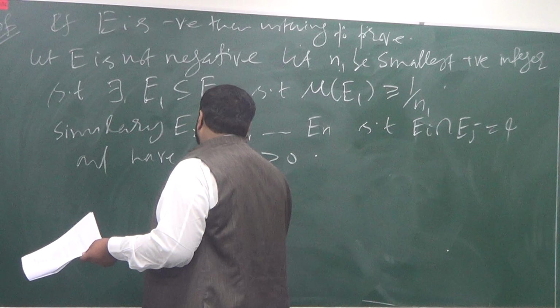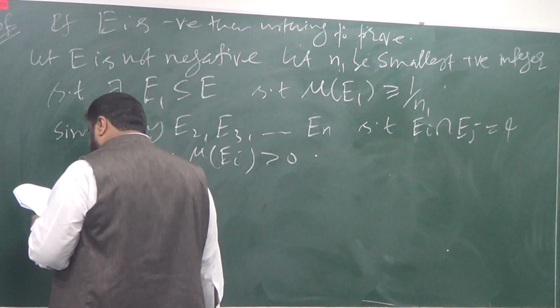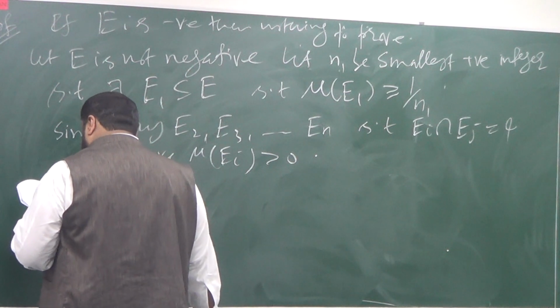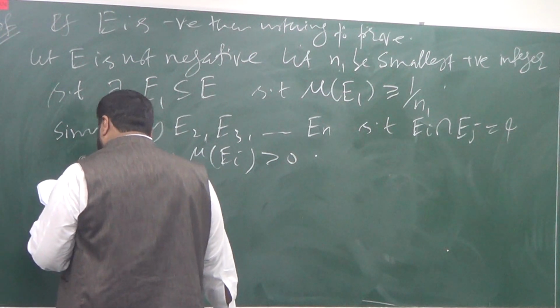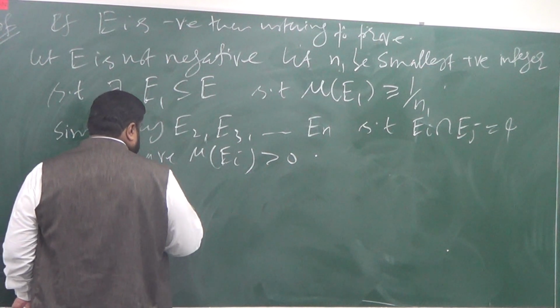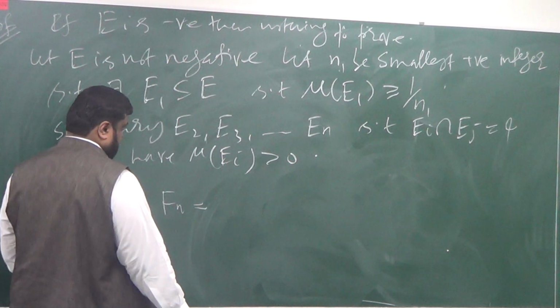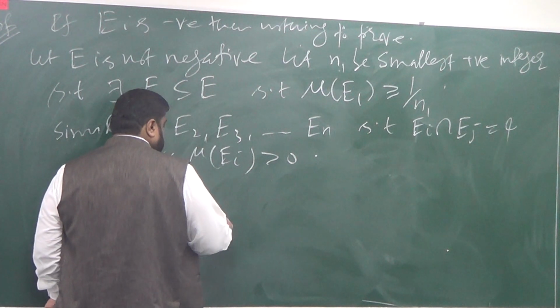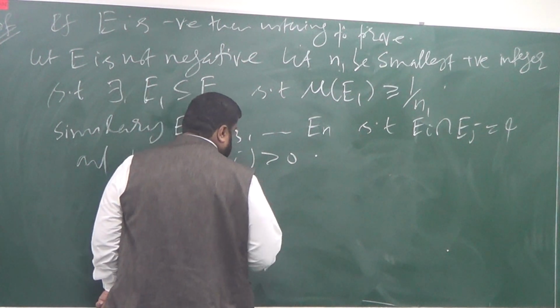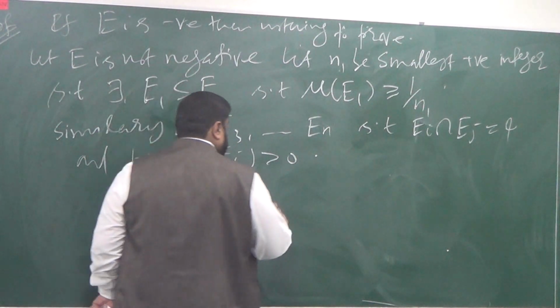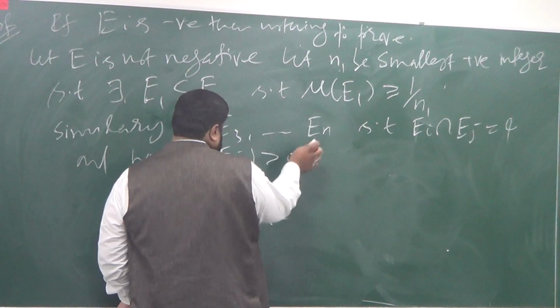Then I'm defining, for example, Fn to be E minus the union of these sets.